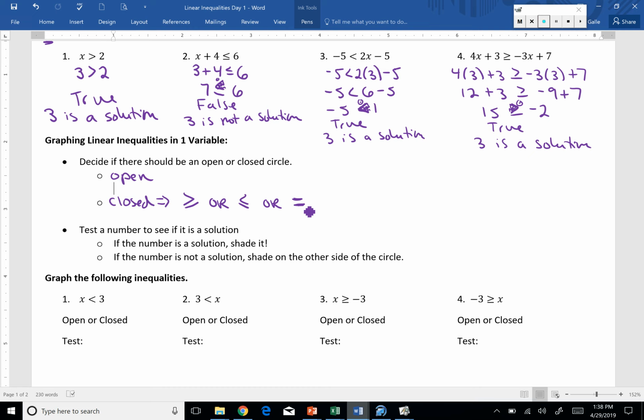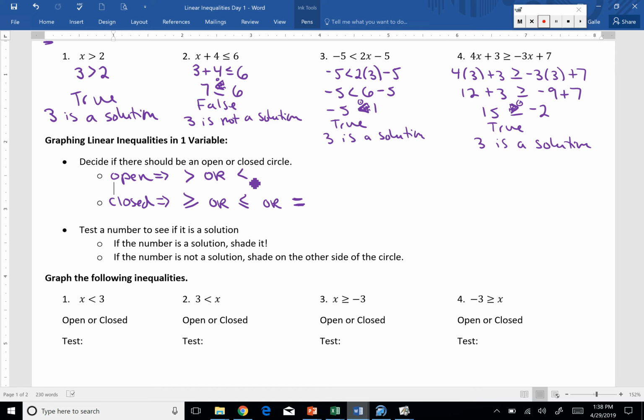All right, so if we knew a closed circle meant there's an equal sign, that means open is just the greater or just the less. When we have that equals to, that number can be a solution, so we want to include it. That's why we fill it in. We fill it in because if it's an equals to, our number can be that for the solution, whatever that number the circle is on.